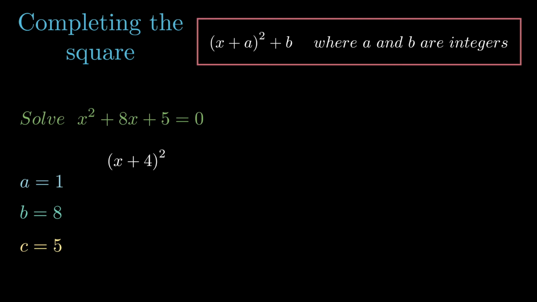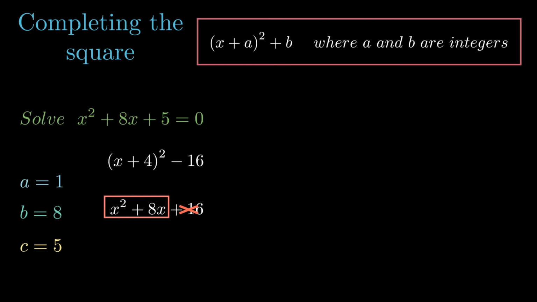As you can see, if we expand this, same as before, we have x squared plus 4x plus 4x plus 16, which is x squared plus 8x plus 16. We want the x squared, we want the 8x, but we don't want the plus 16. So we subtract 16, and we can cross this out. Now, because we have subtracted the 16, we can do minus 16, and we want the c, which is our plus 5.